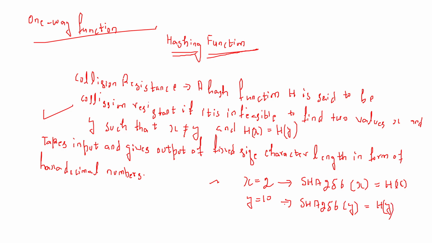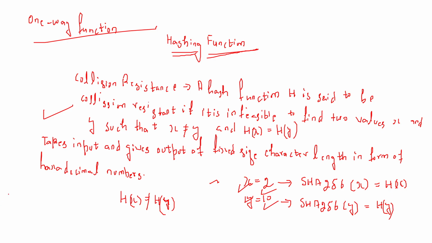So we find that this input x and y are different. So definitely, as per the collision resistant property of this hashing function, we will have hash value of x not equal to hash value of y. This collision resistant property says that it is impossible that if x and y are different, I will get the hash value of both the same.